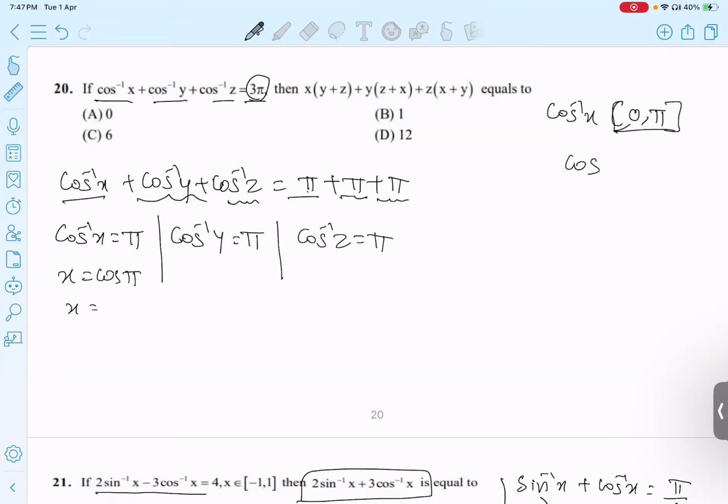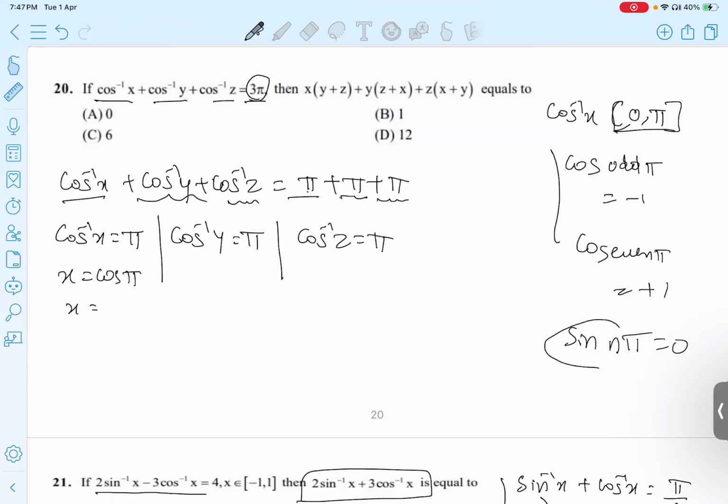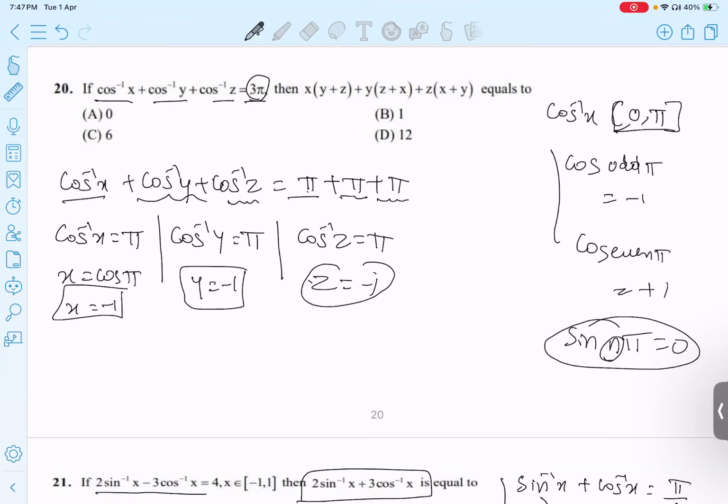So remember students, cos of odd multiples of pi, that is cos 1 pi, 3 pi, 5 pi, is minus 1. And cos of even multiples of pi, that is cos 2 pi, 4 pi, gives you plus 1. And sine of any multiple of pi, whether positive or negative, is 0. So now x is equal to minus 1. Similarly, y is also minus 1. z is also equal to minus 1.